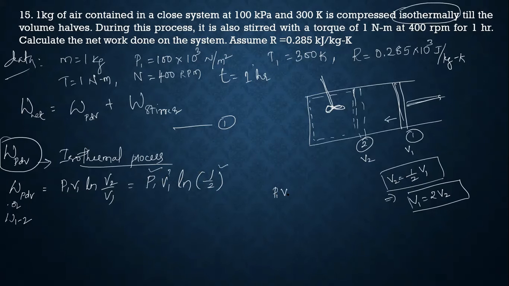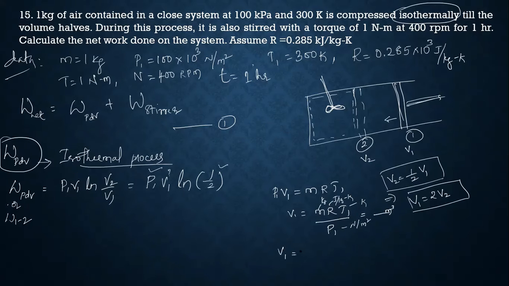We know ideal gas law, perfect gas law, P1 V1 is equal to m R T1. V1 is equal to m R T1 divided by P1. Here m we have to keep in kg, R is in joules per kg Kelvin, temperature in Kelvin, pressure in Newton per meter square. Then the answer you will get in meter cube.